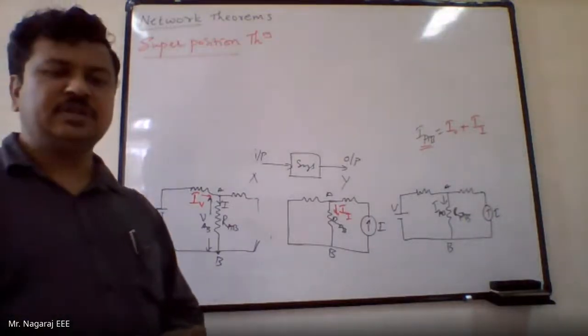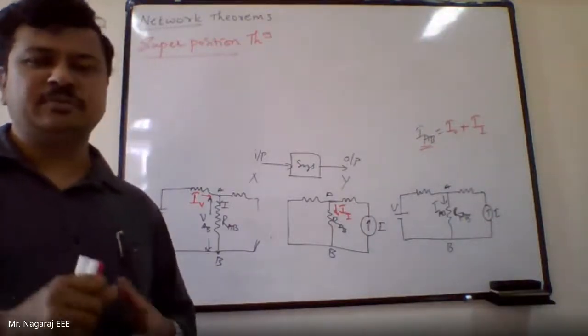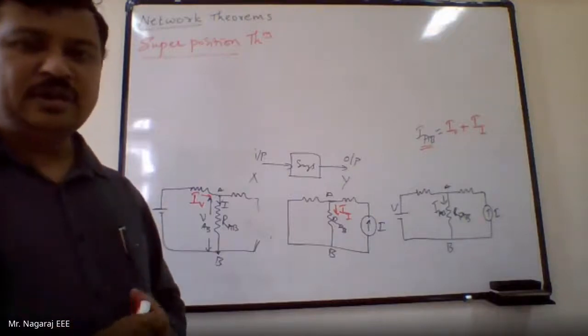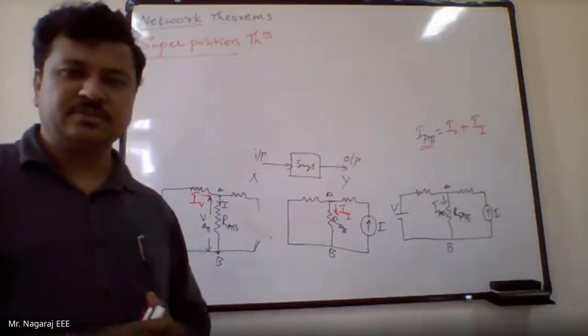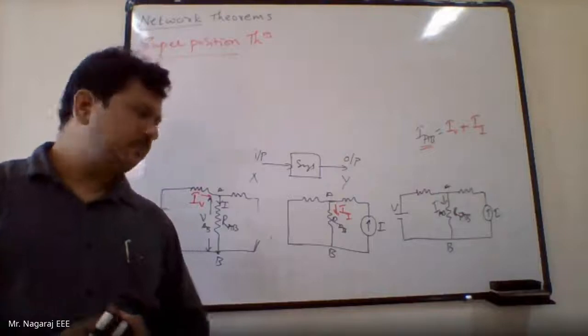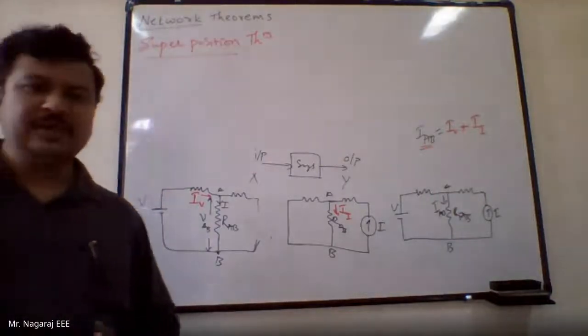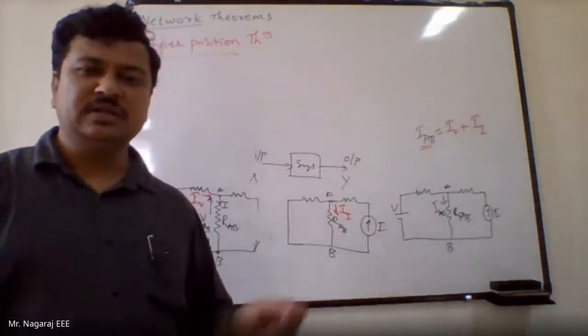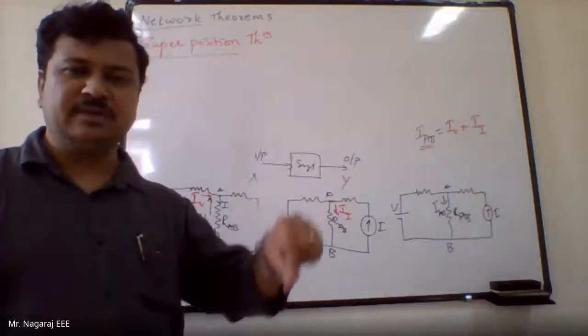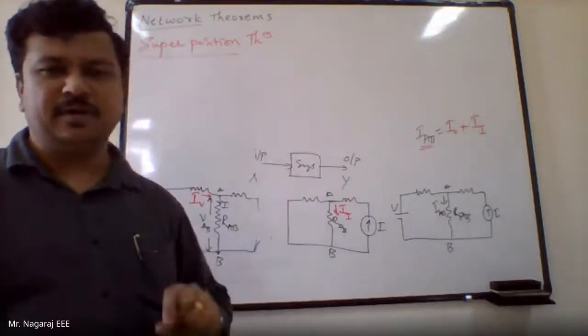The superposition theorem uses the superposition principle. So why the name superposition? You know what superposition is. Superposition means there are multiple effects on the same body, or on the same point, or across the same element.